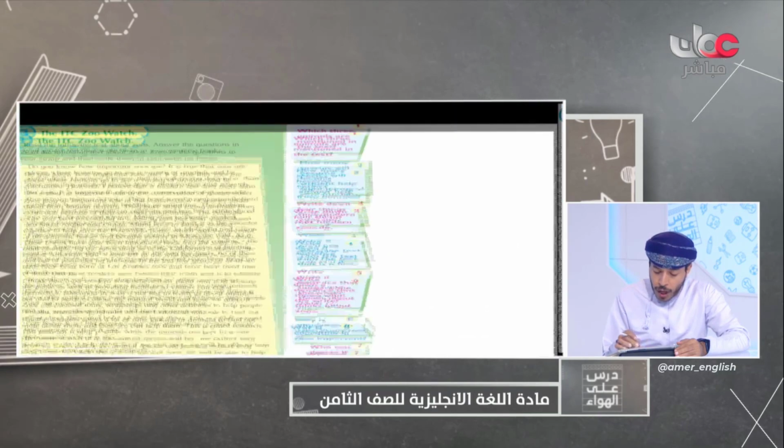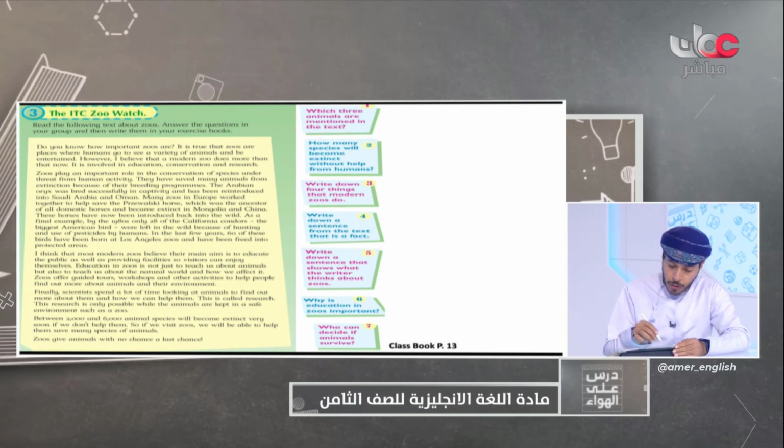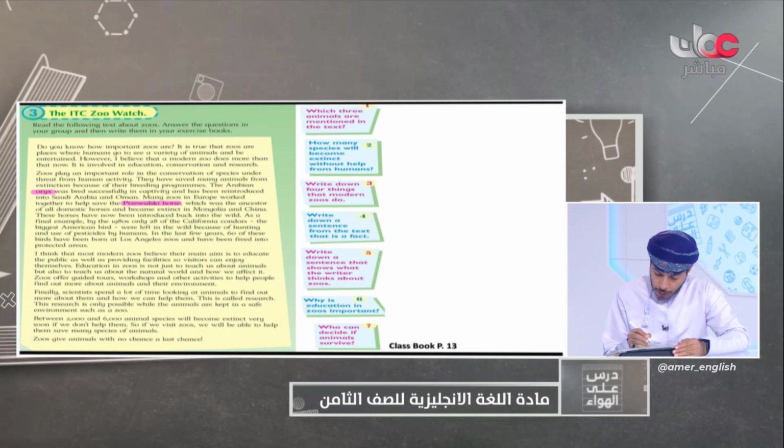And you can find out that this text, which consists of 5 paragraphs, talks about or mentions 3 main animals. What are they? The oryx, and also the Przewalski horse, which is a Russian horse.